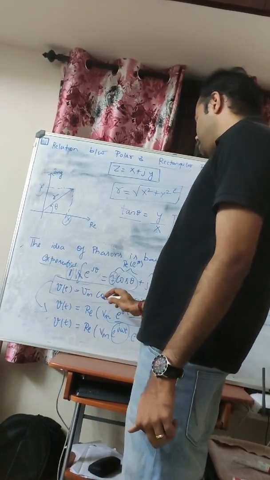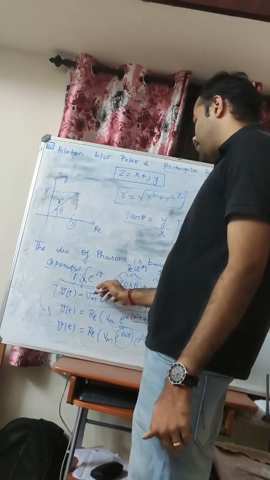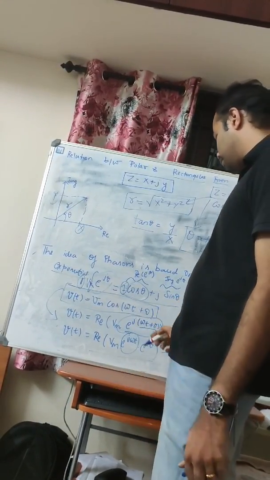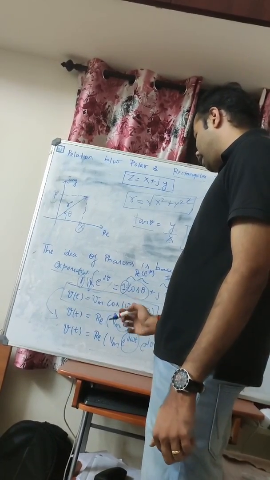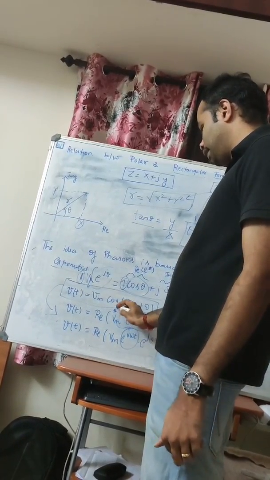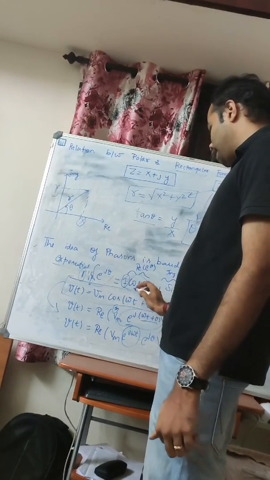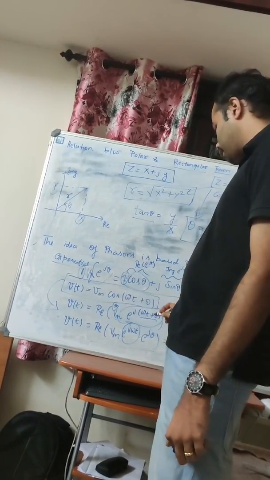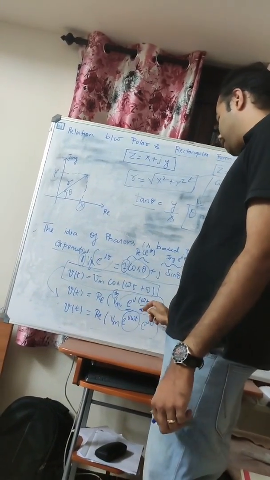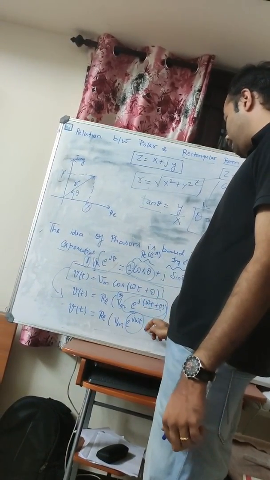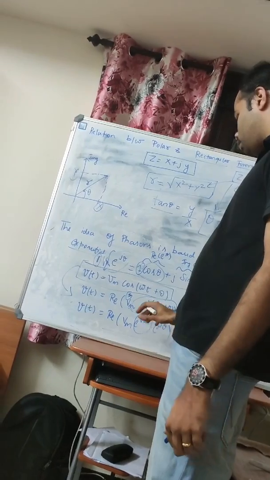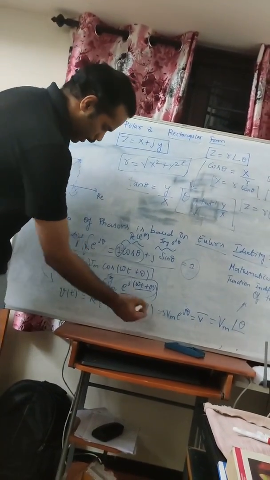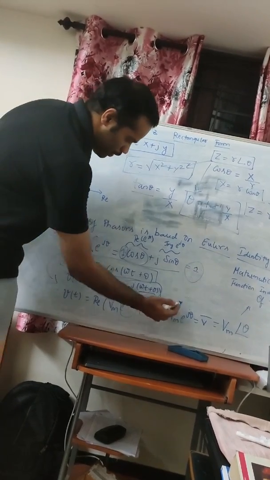So hence you can say the Vm is holding the magnitude of value 1, basically relating to your unit circle. So I can replace 1 by Vm, and I can replace cos theta by e power j(omega t plus theta). Okay. Then I have just expanded this: e power j omega t into e power j theta. After simplifying this form, you can relate your v of t as Vm e power j omega t times e power j theta.